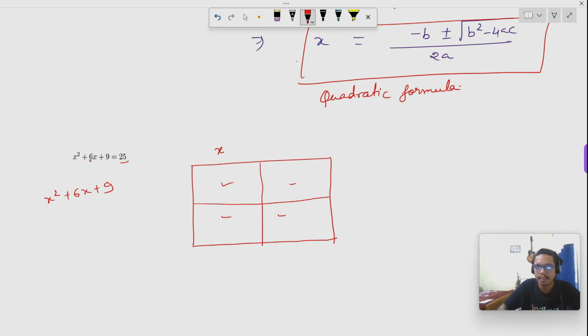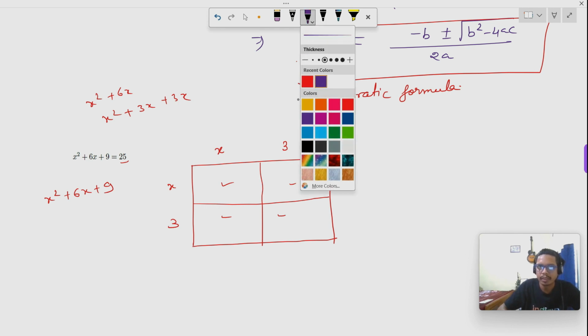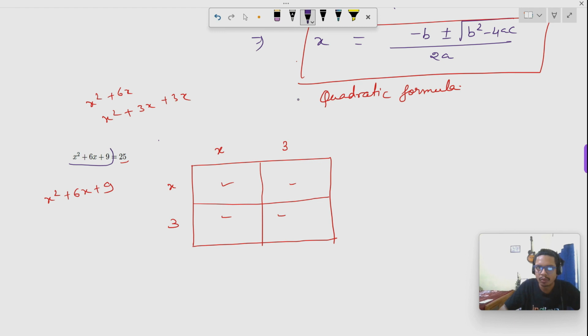If we take x and 3, because x square plus 6x could be simplified as 3x plus 3x, and we write down all these terms in terms of squares, x times x is x square, x times 3 is 3x, and 3 times x is 3x again, and 3 times 3 is 9.